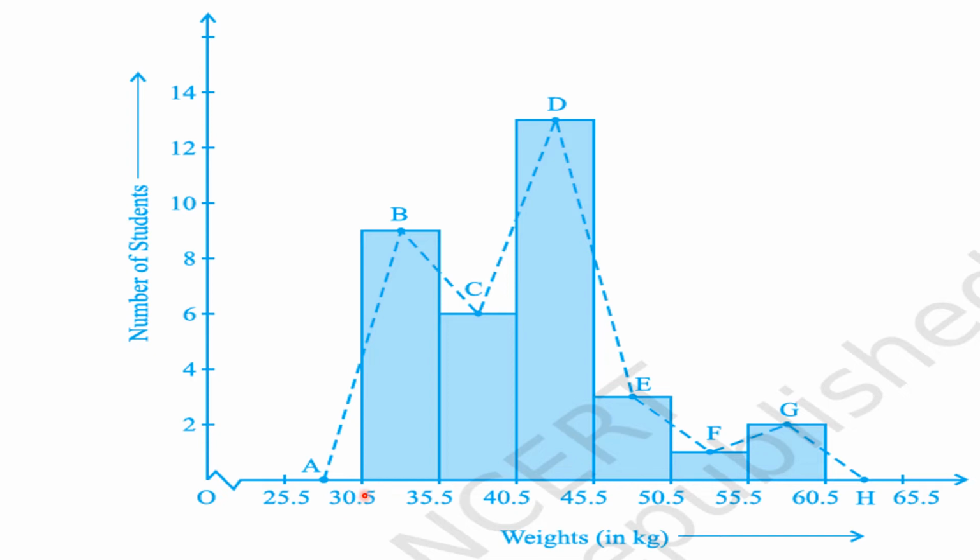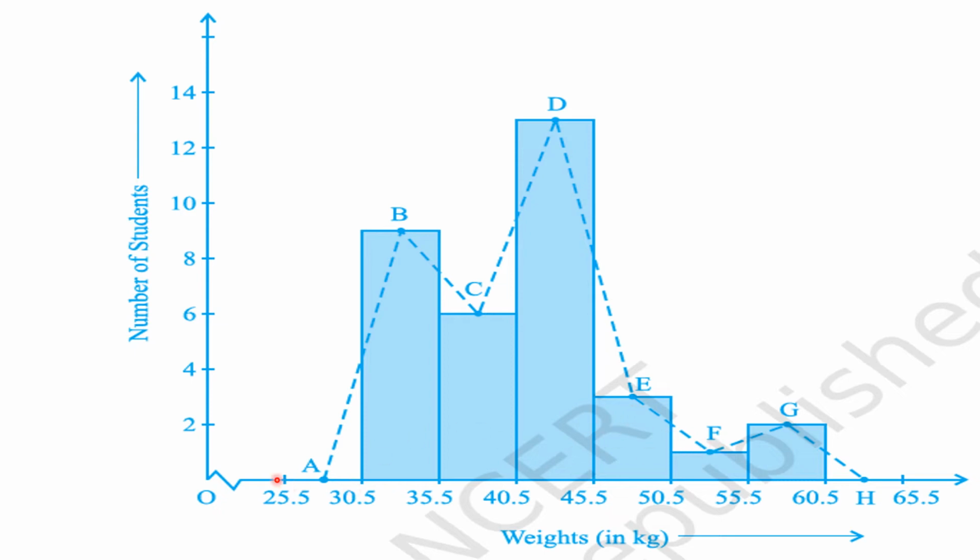Okay, my children, right? Now this is the histogram of the given frequency distribution. This is the midpoint of this rectangle, this is the midpoint of this rectangle, and D is the midpoint of this rectangle, E is the midpoint of this rectangle, F is the midpoint of this rectangle, and G is the midpoint of this rectangle. We have found the midpoints of the upper sides of every rectangle.